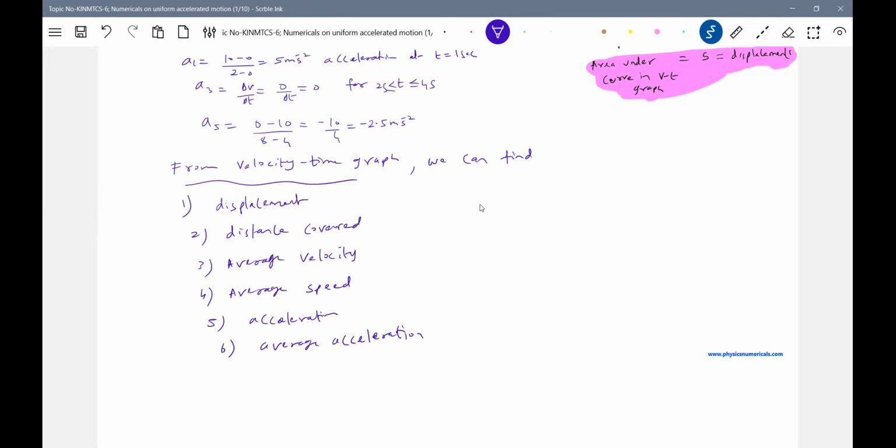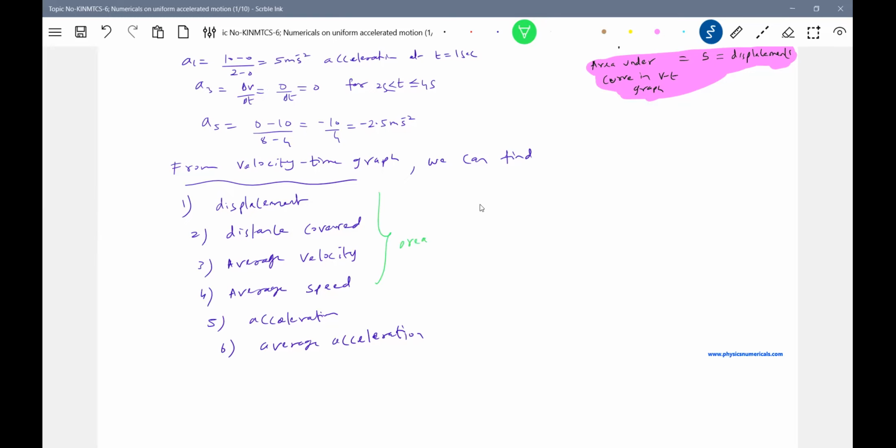It looks like a very simple curve, but the area under the curve indicates so much. With the help of the area under the curve, we can calculate these two. From slope, we'll get this one. From change in velocity by time taken, we'll get average velocity and average acceleration. I'm not saying area under the curve. With area under the curve, we'll get these four. Let me summarize here.